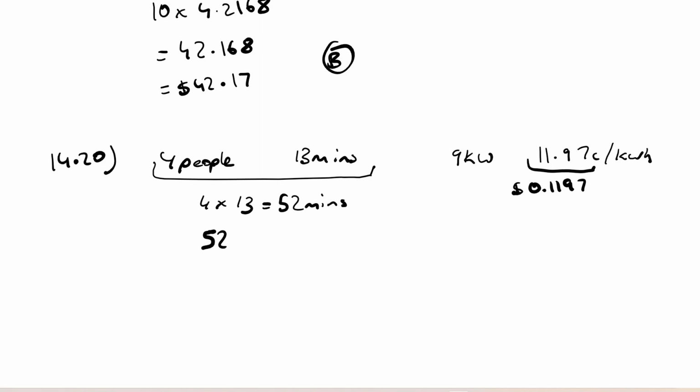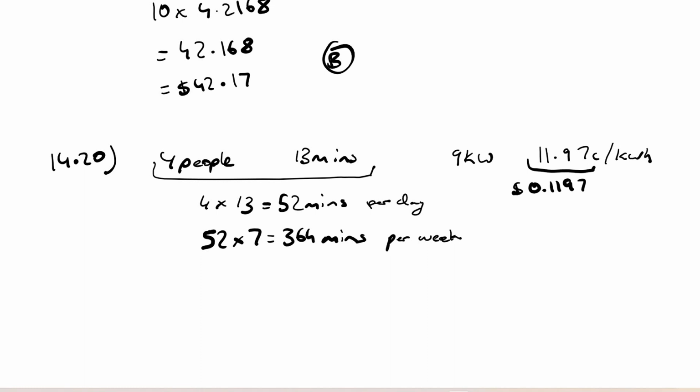So therefore, it's 52 times by 7, which is 364. So now we have 364 minutes that the hot water is used per week. This is per week, and this is per day.